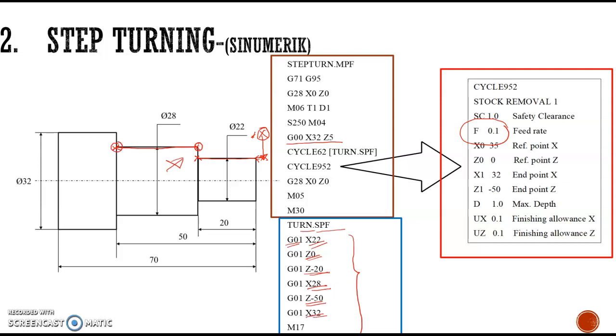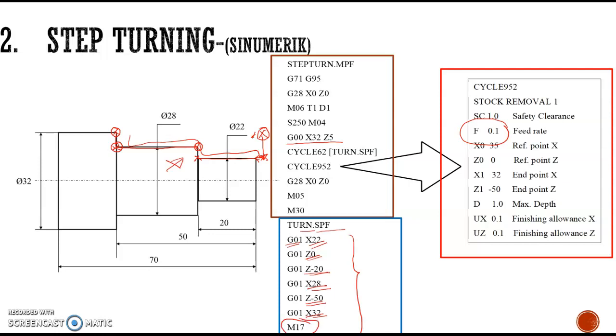Then X32, so it is brought back to this final point. So the tool path is defined, exactly matching the surface of the finished workpiece. Then M70 means the end of the subprogram.